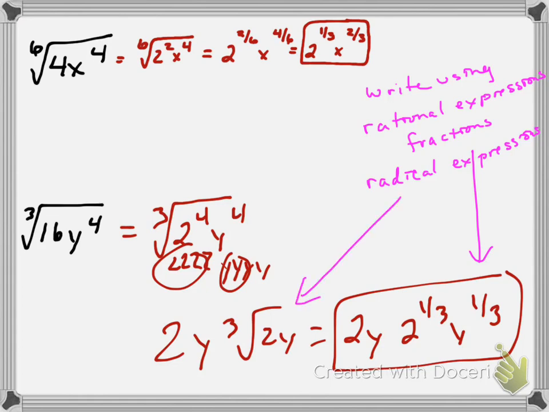You have to know the difference between rational exponents and radical. Rational and radical. Okay. And you take stuff out when you can. We had enough 2's and enough y's to take out a group. Let's keep going.